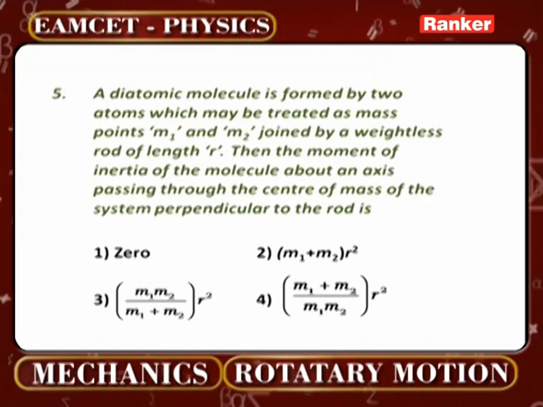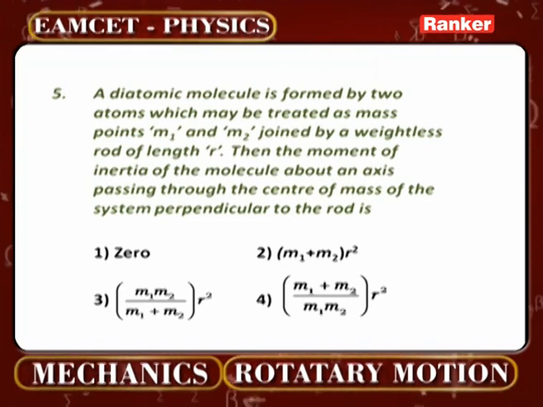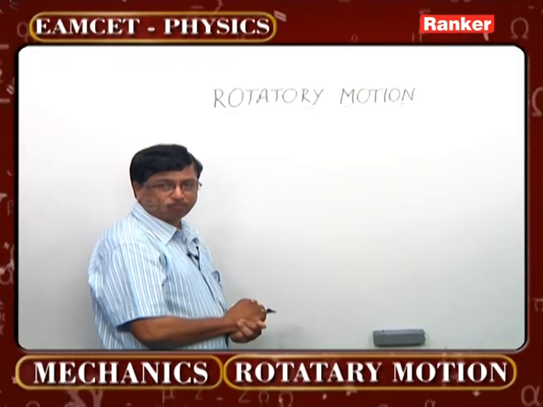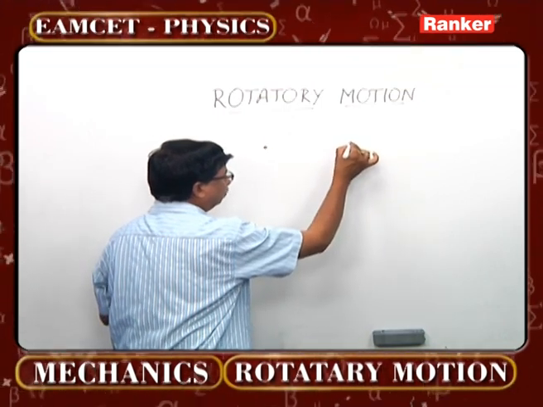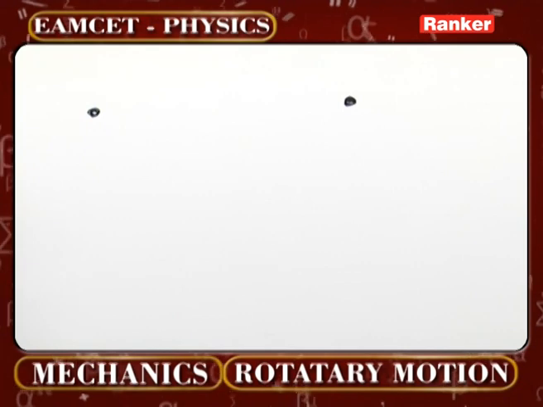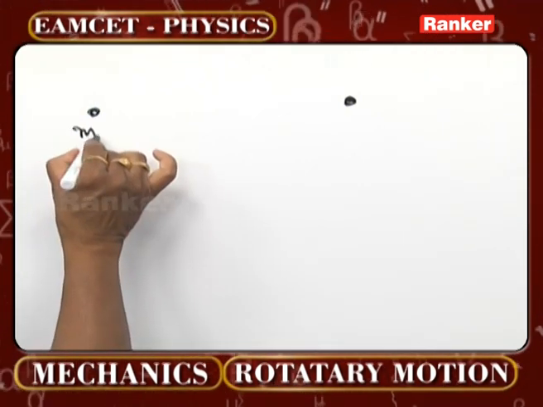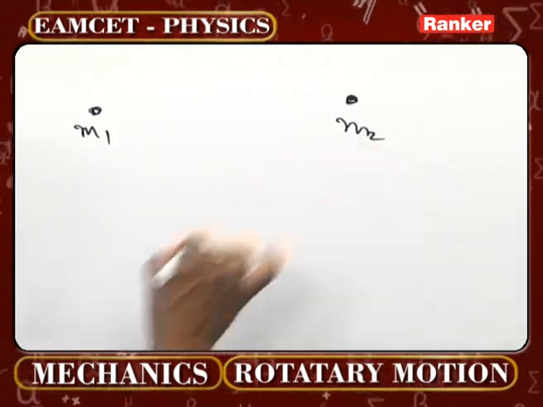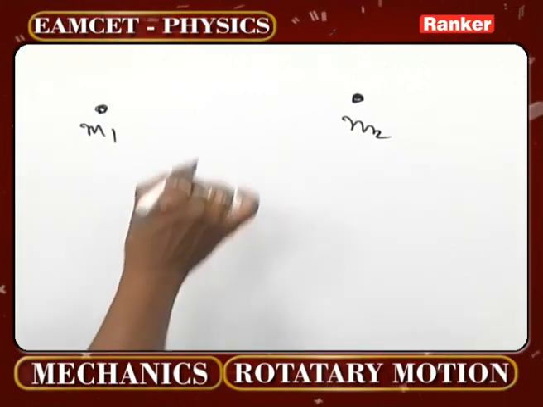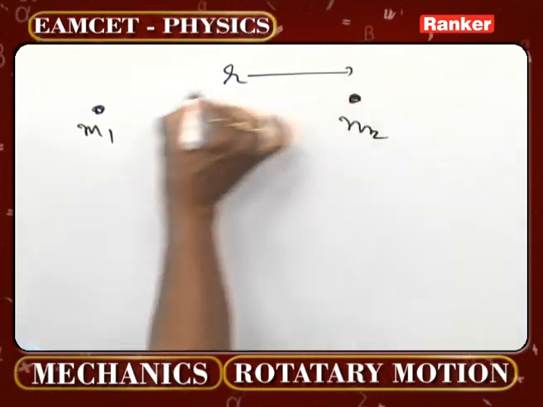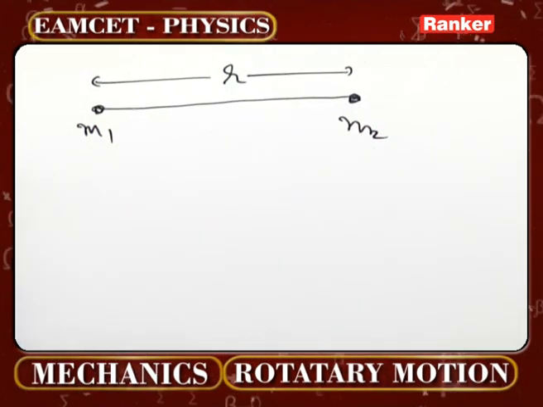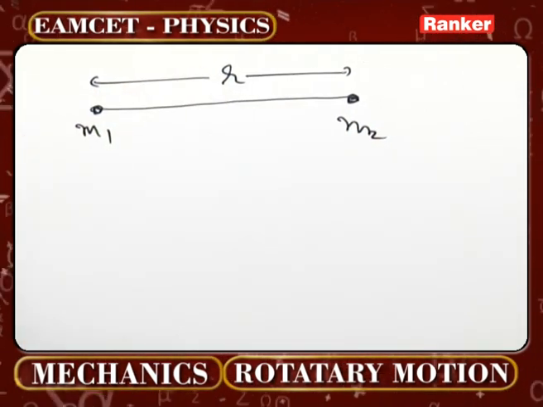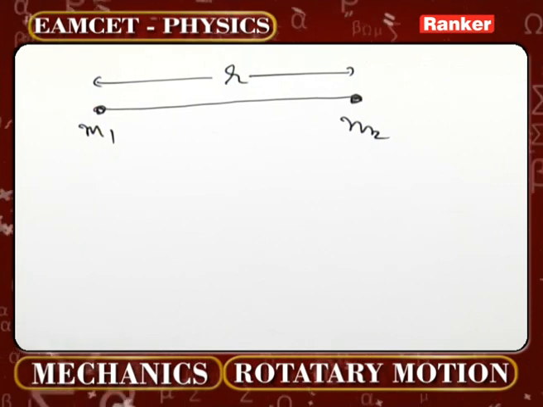If you just look at this, it is a linked-up model with center of mass in fact. You can understand that there is a diatomic molecule he is just imagining there. One is of mass m1 here, the other is of mass m2 here, and the separation distance has been mentioned over here as r. That means these two are directly connected, separated by a distance small r like this.